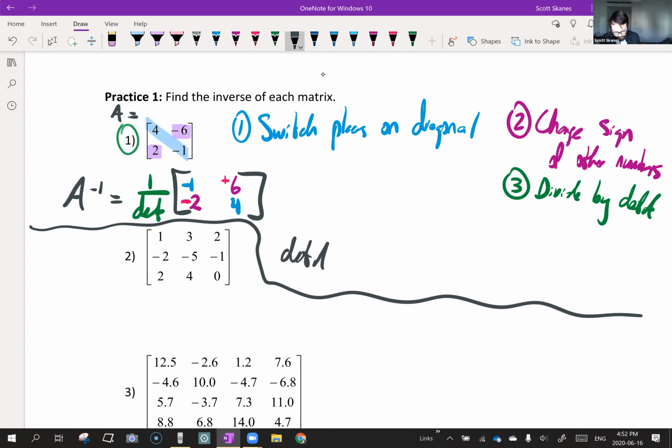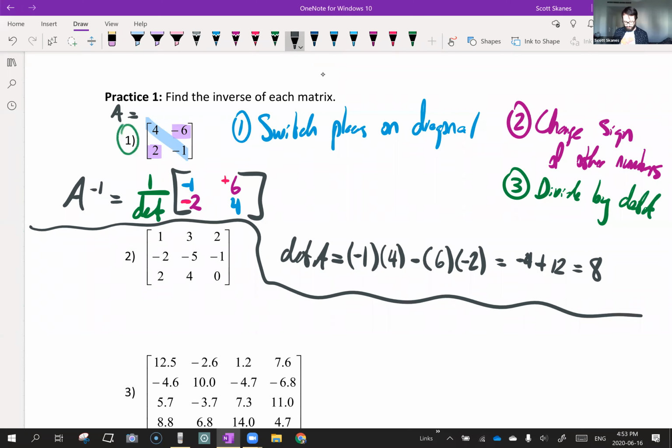What's the determinant of A? You have to do this cross thing. It's -1 times 4 minus 6 times -2. That gives us -4 plus 12, which is 8. So we're going to divide everything by 8.